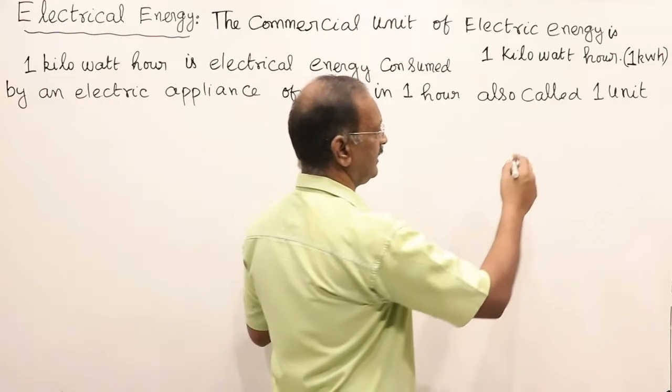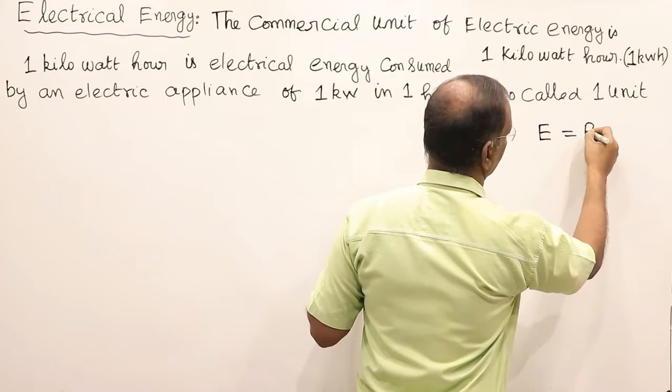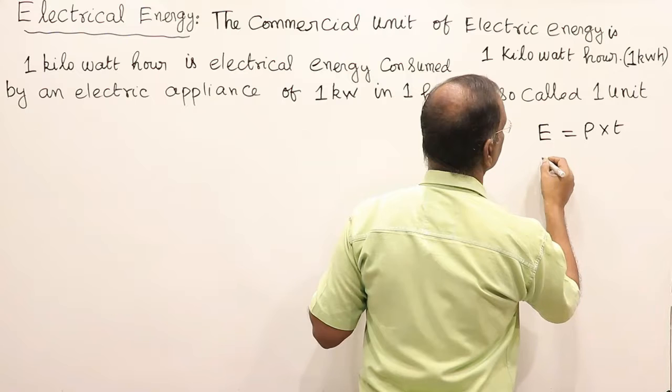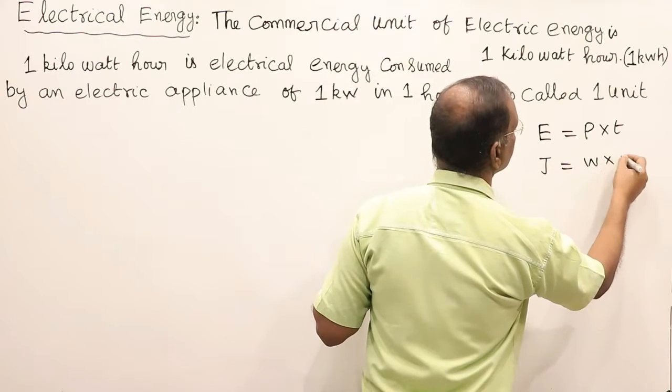First we see the electrical energy. Electrical energy is equal to power into time, which is measured in joules. So its unit is joules, power is in watt, and time is in second.